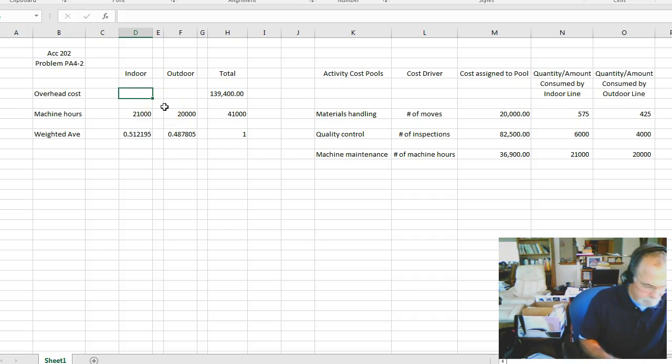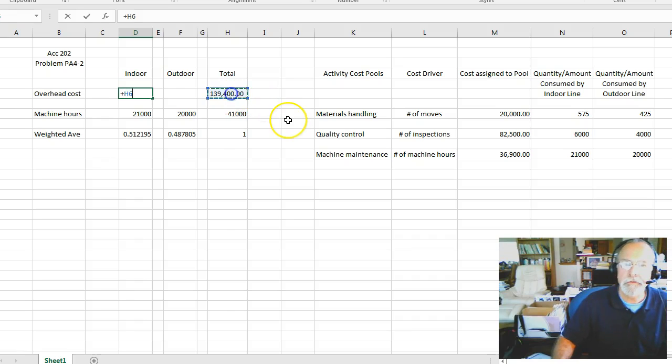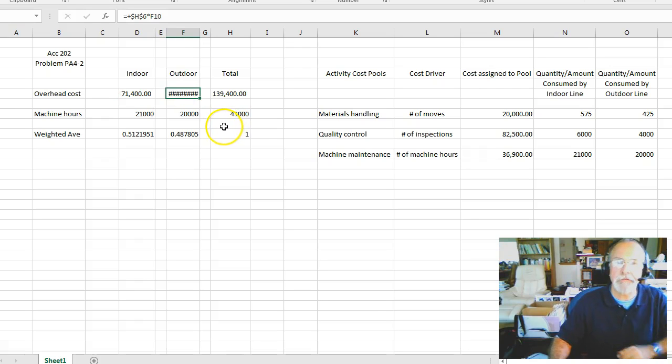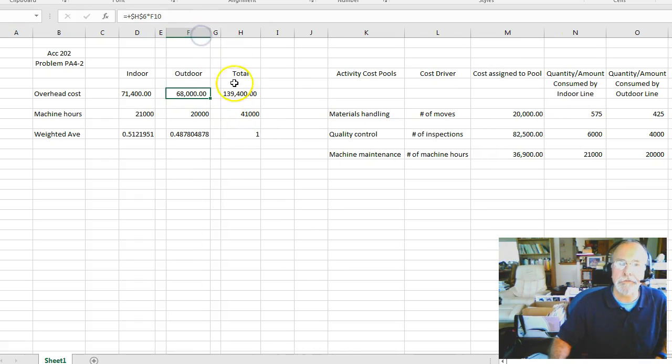Let's take the total cost to be allocated and multiply by the percentage for each of the two, and we would want that number to be constant, and so we could copy that formula over to outdoor, and let's see what we come up with.